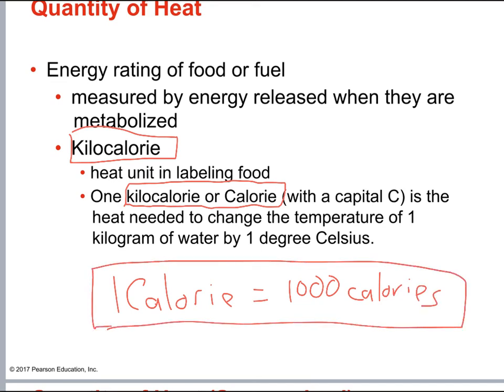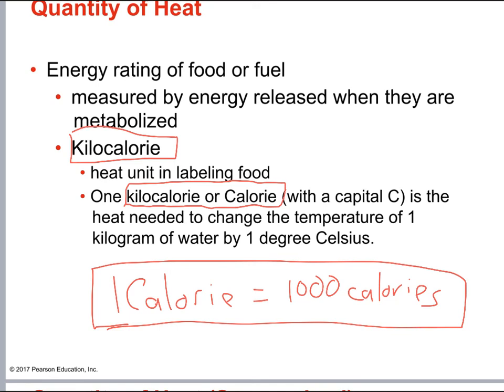I don't know why. They didn't ask me. I'd have told them not to do it that way, but that's just how they do it. So if you see the word calorie and it has a capital C, it's actually a kilocalorie. And that's usually the kind of calorie that you're talking about when you say this muffin has 600 calories. That's how much energy is available for your body to use when you digest that muffin.